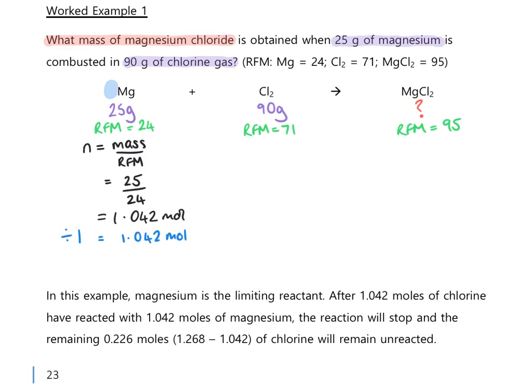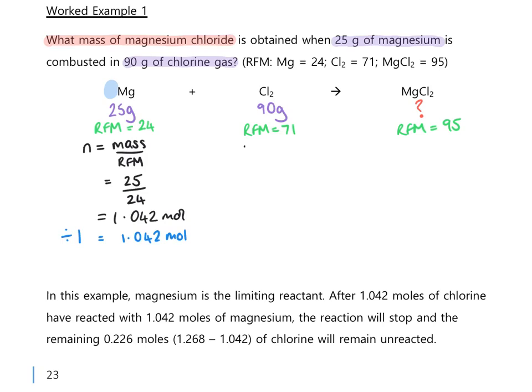At this stage, once you've worked out the number of moles of a reactant, always do it there and then so you remember. Divide through by the balancing number in front of that particular part of the equation. So there's essentially a 1 in front of the magnesium, so I'm dividing through by 1, which gets me the same number of moles. What we need to do now is do the same thing but for chlorine.